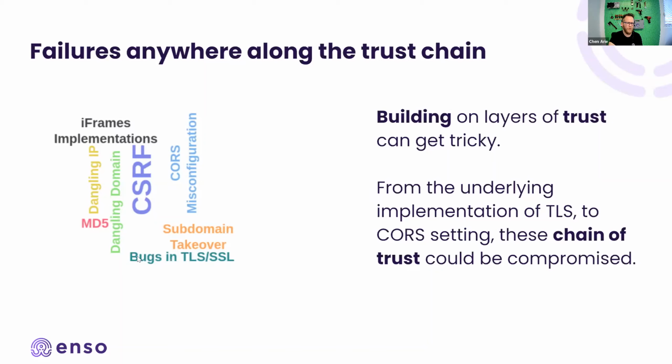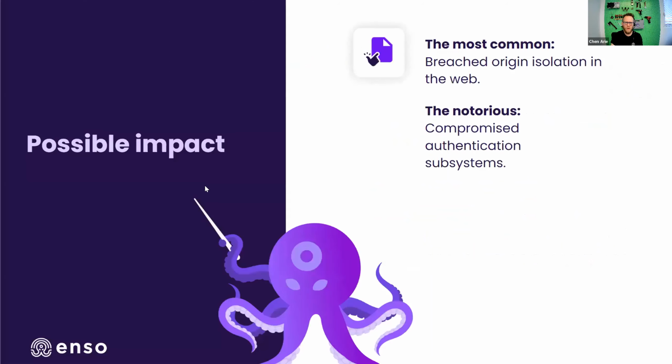And with subdomain takeover or dangling domain records or dangling IP records, you can have the same kind of results of breached origin isolation and having someone else interacting with your origins in an uncontrolled fashion.